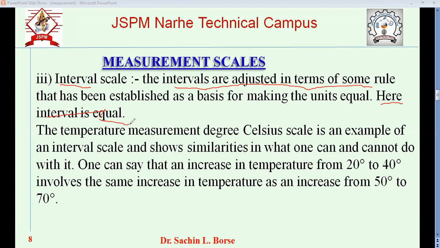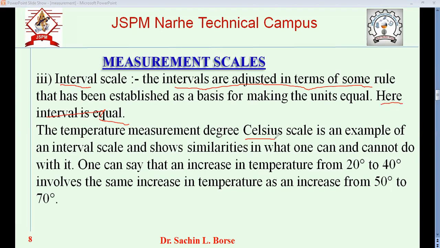Now we'll take one example from temperature measurement. In normal days we use degree Celsius for temperature measurement.